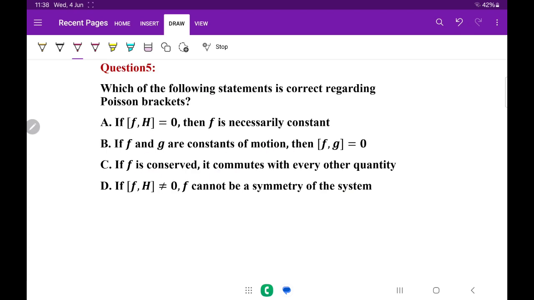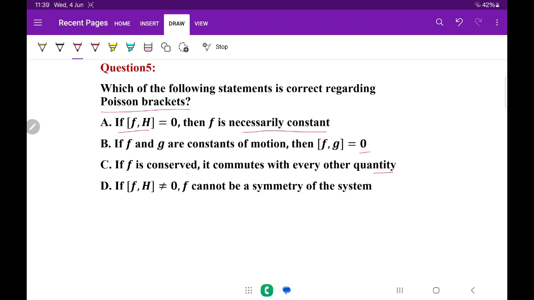Which of the following statements is correct regarding Poisson brackets? The first option is, if the Poisson bracket of f with H is 0, then f is necessarily constant. B, if f and g are constants of motion, then f comma g is 0. Third option, if C is conserved, it commutes with every other quantity.